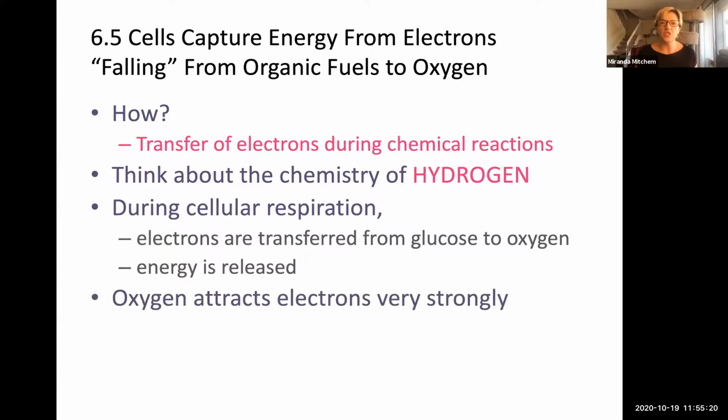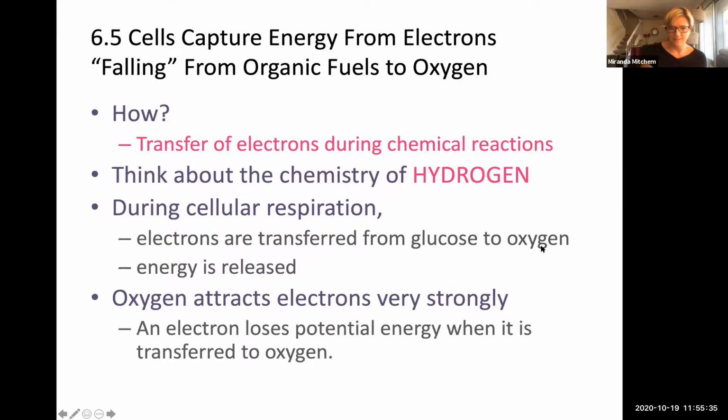And since oxygen is electronegative, remember electronegative means that it attracts electrons, oxygen pulls the electrons that come off of glucose to it. That makes water. So an electron loses potential energy as it's transferred to oxygen.